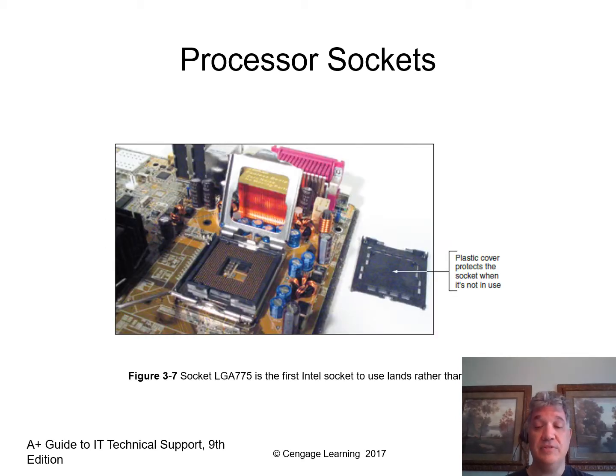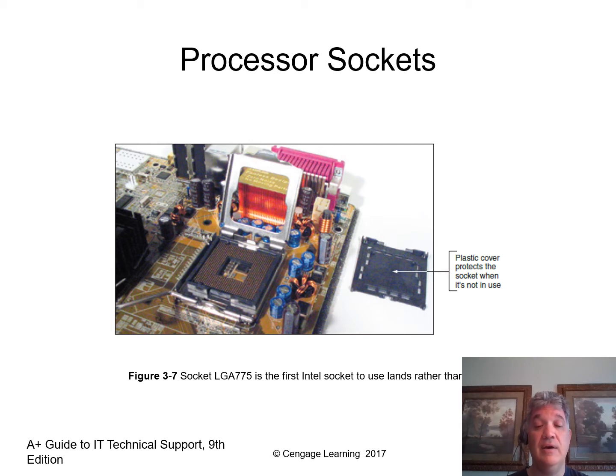Here are some examples. It might be a little hard to make out in this particular picture, but this is the LGA, as it says in the caption. In this particular style of socket, the pins are actually exposed. In later versions of this socket, there is a plate that sits on top of them.